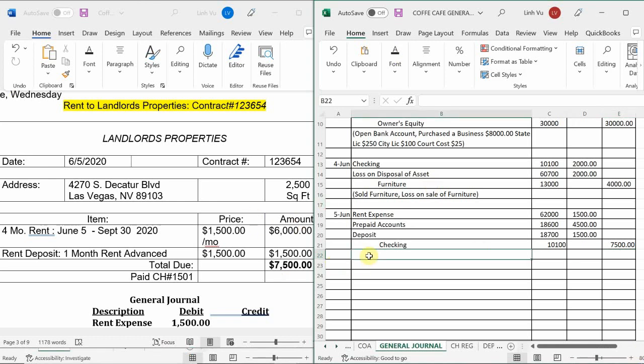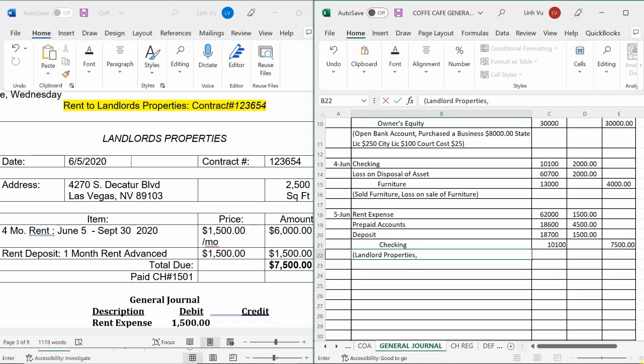How do I want you to put your description? Let's think about these things first. Who did I sign this contract with? Landlord properties. That is who I dealt with, landlord properties.